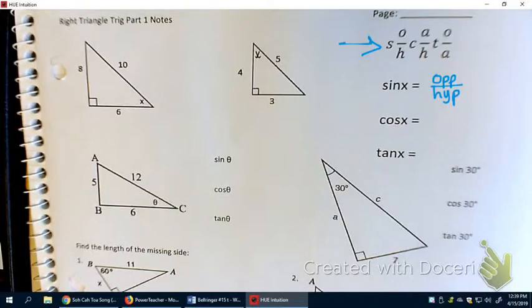Beside the COS is A and H. That stands for adjacent and hypotenuse. Beside the tangent is an O and an A beside the T. So that's opposite and adjacent.